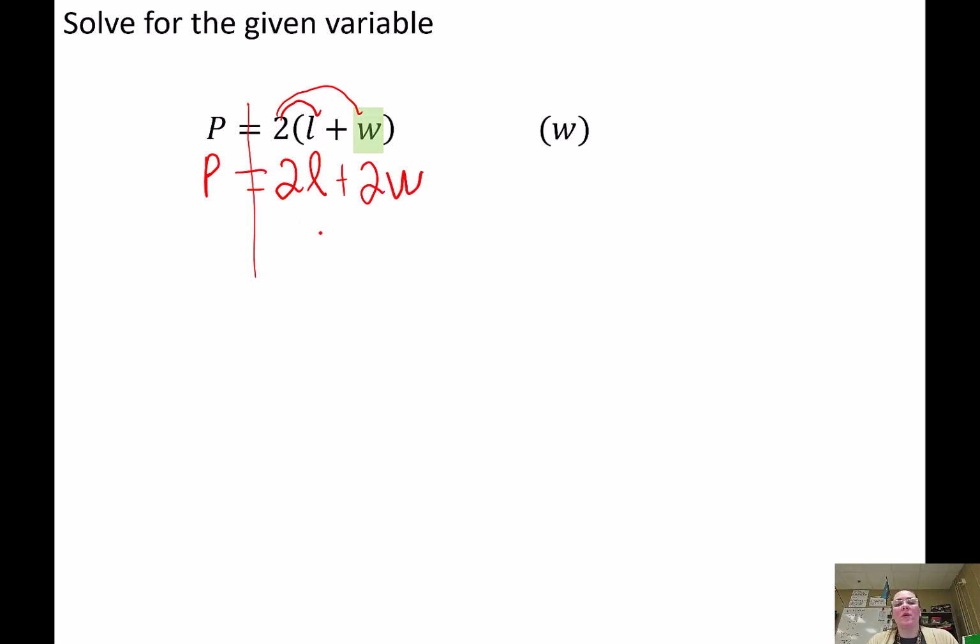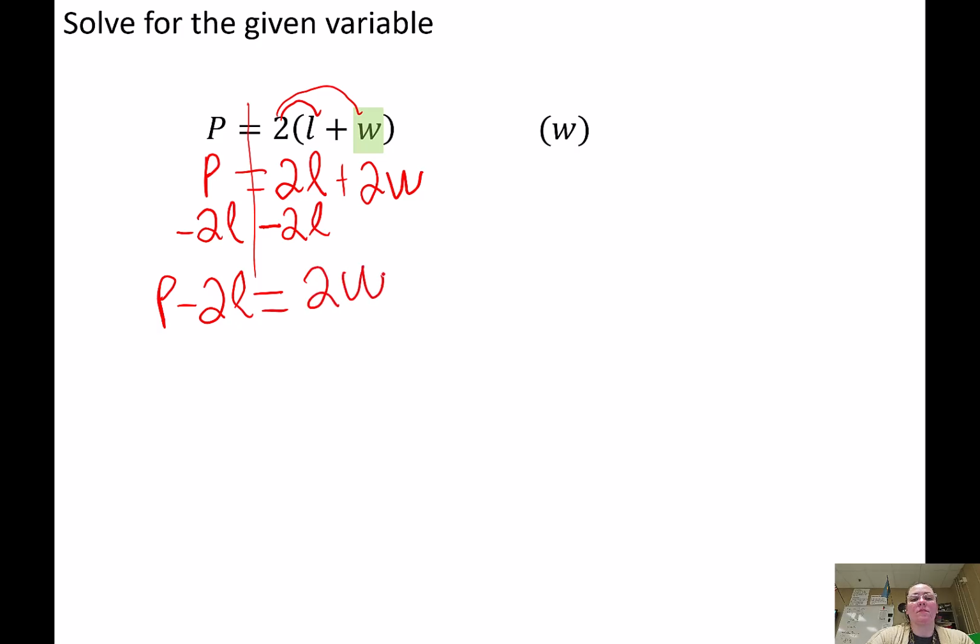Okay, now we're going to move away what's adding or subtracting to W, which is the 2L. So opposite of positive 2L is a negative 2L. P and L are not like terms, so I get P minus 2L equals 2W. And then we need to divide by 2 because that's multiplying to the W. Okay, I'm going to simplify this a little more.